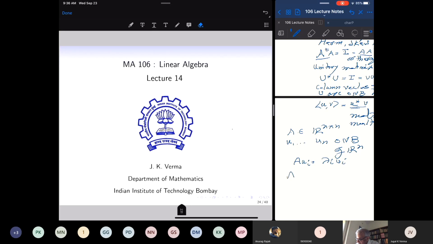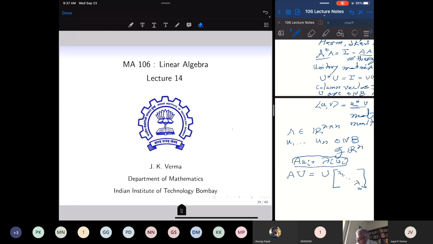if I multiply the matrix A with the matrix U, whose column vectors are u1 up to un, then AU is the same as U times the diagonal matrix. The diagonal matrix has the corresponding eigenvalues as diagonal entries. So A u_i equals lambda_i u_i can be written in terms of matrix product: AU is equal to U times this diagonal matrix.